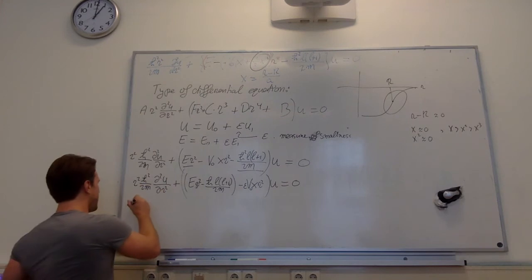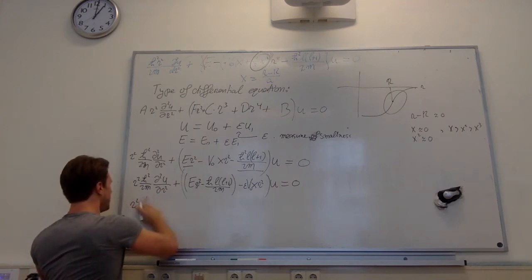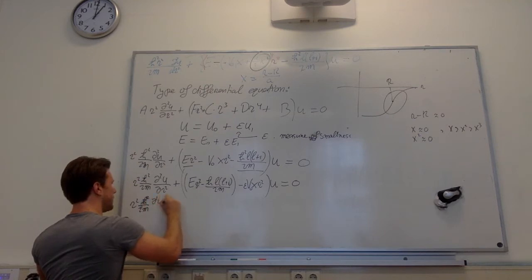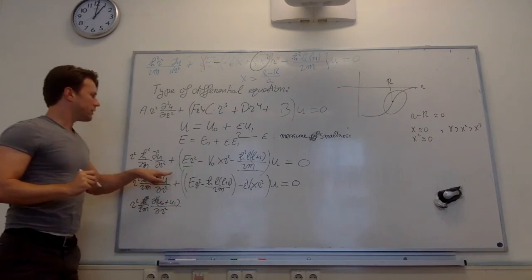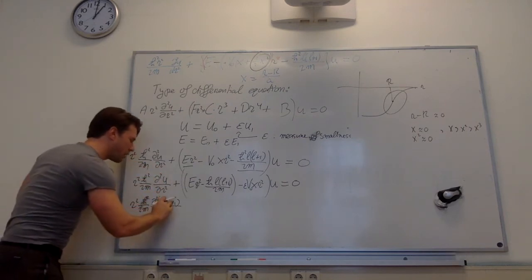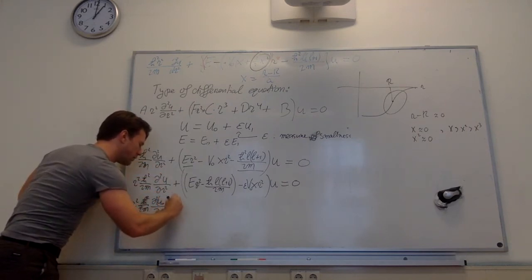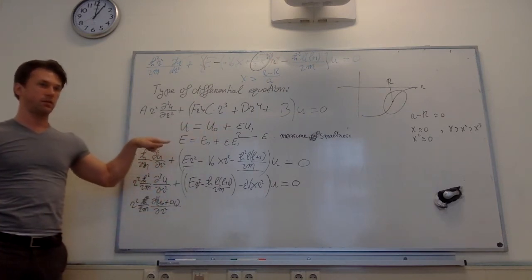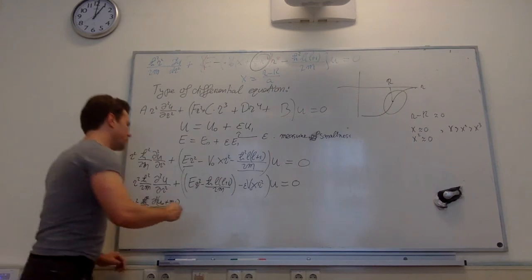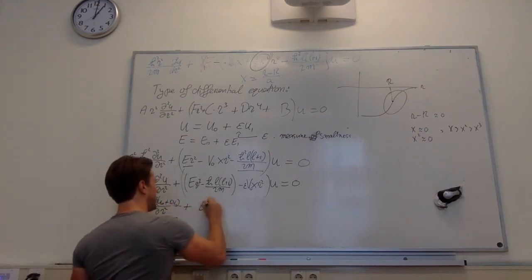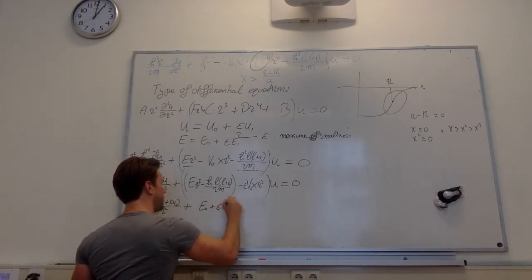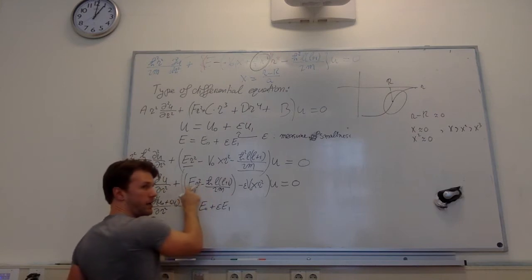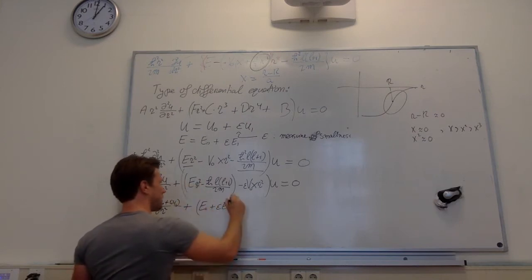Let's write down now that our general solution is going to be this thing here. Just substitute that. Plus E0 plus epsilon E1. So this one now has this contribution.